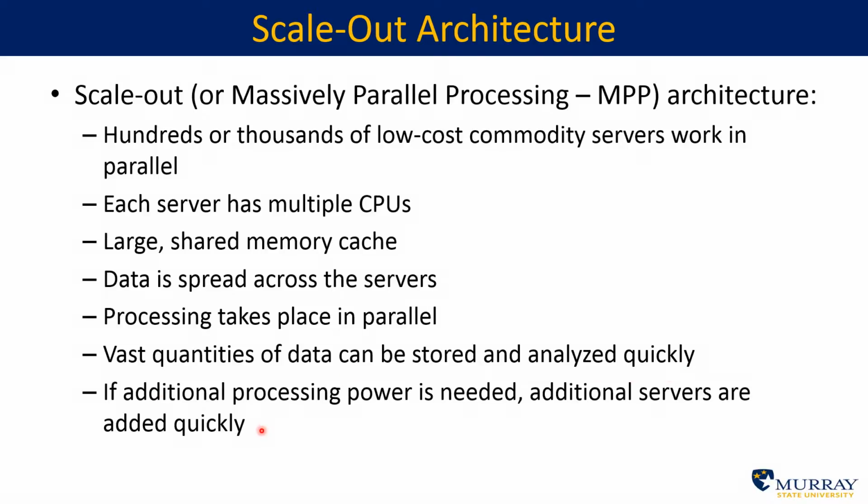And also it has an economic advantage. For example, if you need additional processing power, you just buy a few additional servers. You don't have to purchase a new supercomputer or a new powerful server that may or may not be utilized fully. So this is an approach to create powerful computing infrastructure with relatively low-cost commodity hardware components.